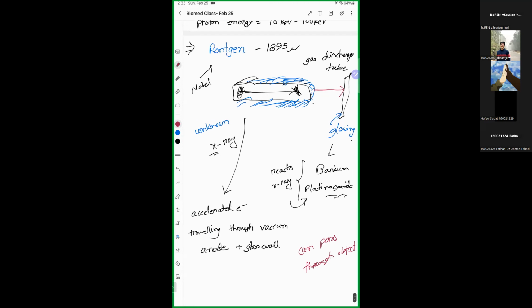It created a lot of attention that there is some type of radiation that can pass through objects that visible light cannot, and we can use this concept for our needs. Subsequently, different applications arose.